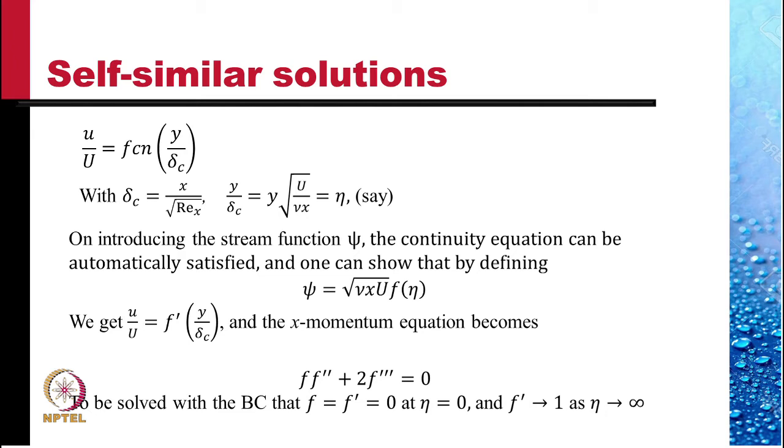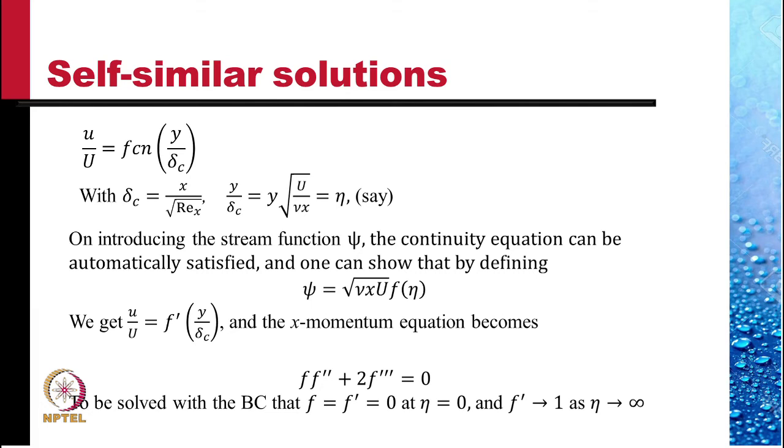But if we use delta appropriate for a given location x, then the u by capital U becomes a function independent of x, with delta like x divided by under root Reynolds number based on x.